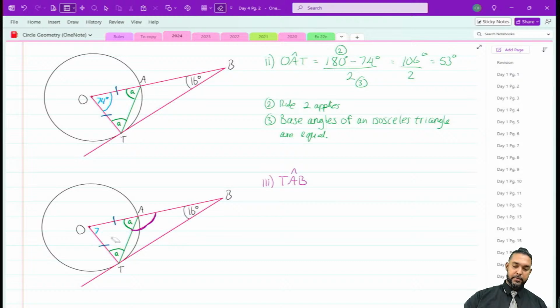Take off this piece. Take off that. Any ideas? Let me hear you.